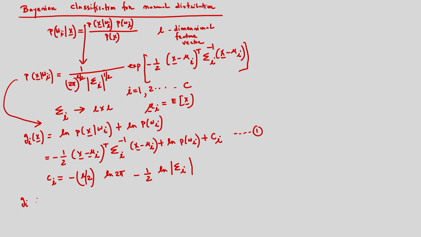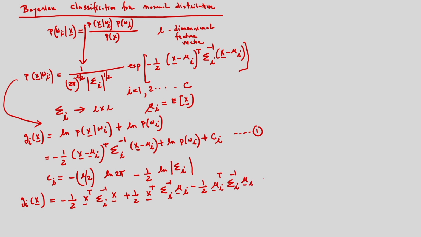If I expand it, it will be something like this: minus half x transpose, and so on, up to mu i transpose.